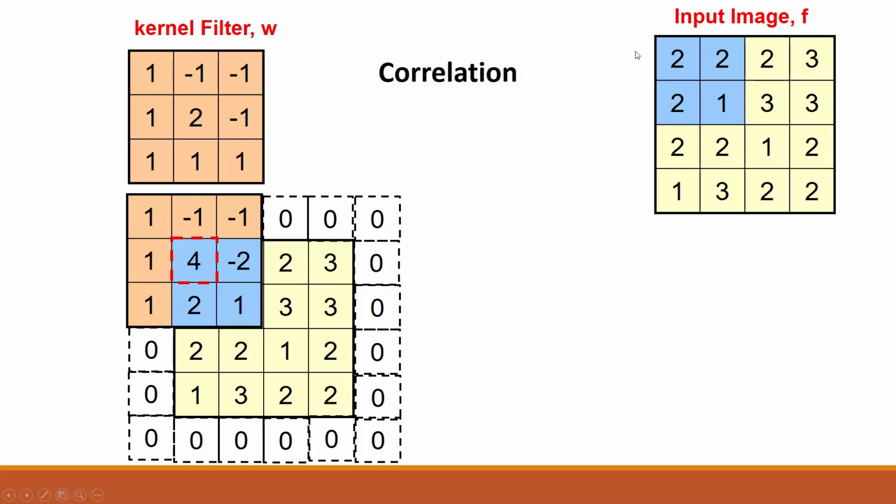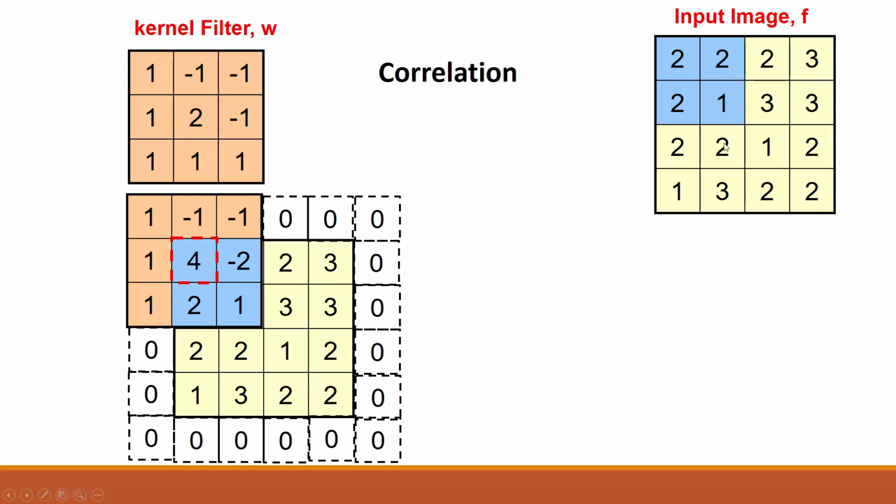2 into 2 is 4. And here, because there is a 0 element, we do not have anything: 0 into 1 is 0, 0 into minus 1 is 0, 0 into minus 1 is 0, 0 into 1 is 0, and 0 into 1 is 0.